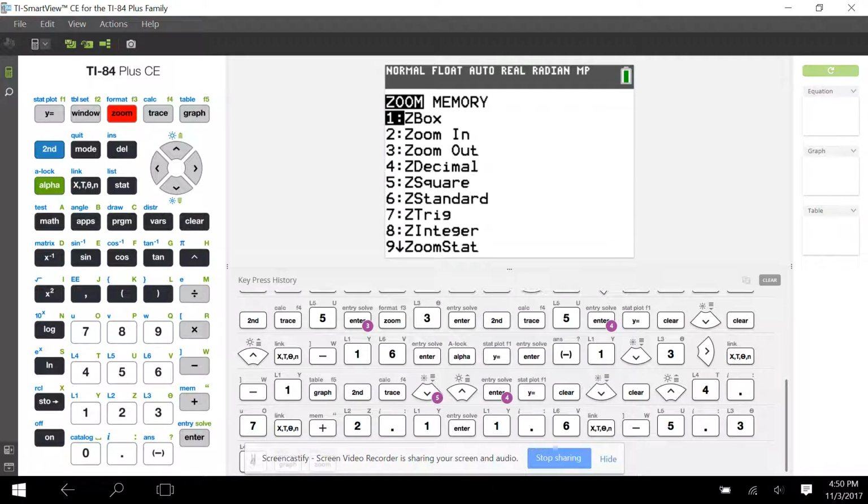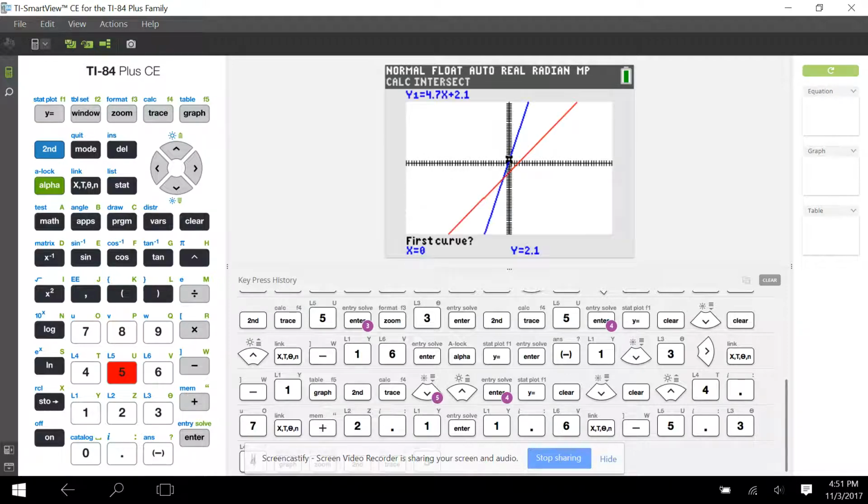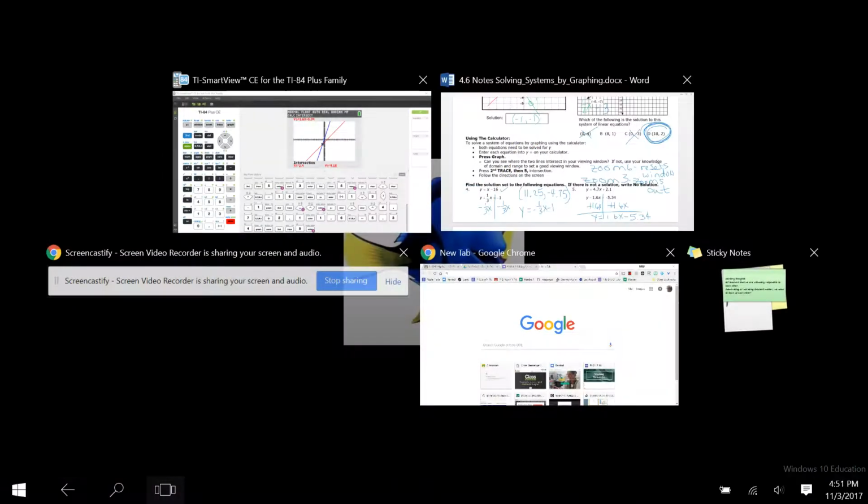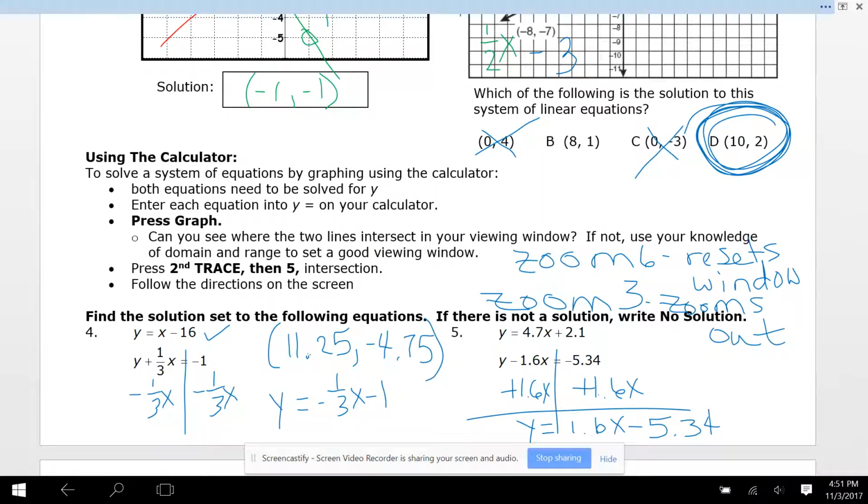Second, trace, sorry, I got mixed up. 5. Enter. Enter. Enter. Try that again. There we go. So x is negative 2.4 and y is negative 9.18. So we'll go back to our paper. And I'm going to change colors because I like the board with the same color. So my solution is negative 2.4, comma, negative 9.18.